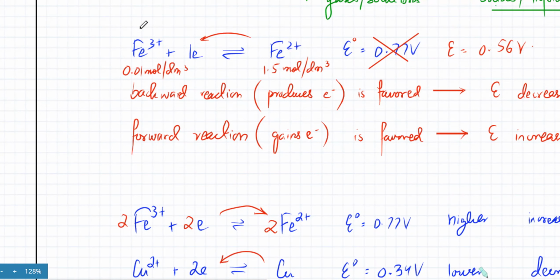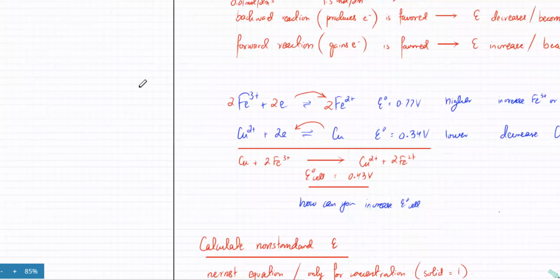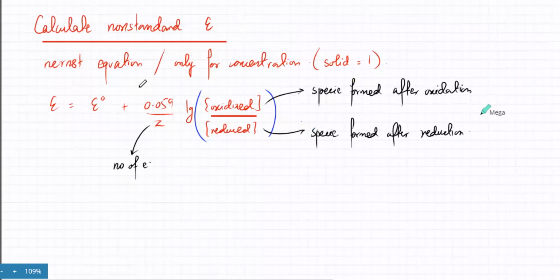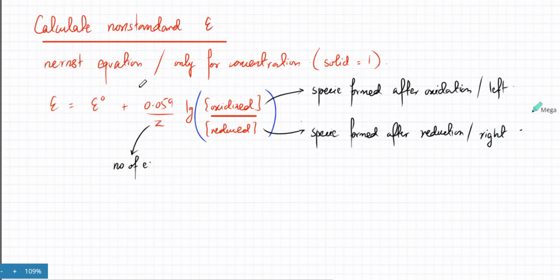It's oxidized, and it's a species that is formed after oxidation. So in the conventional way that equations are written, the species formed after oxidation is the one on the left. And the one on the right is the one that is formed after reduction.